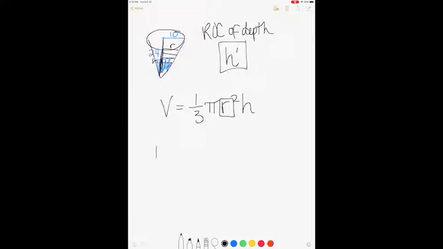So I know that there's a ratio of 10 to 24 at the top. That should be proportional to anywhere else on the cone that I take the radius and the height. So you could do 10 over 24 is equal to R over H, or you could do 10 over R is equal to 24 over H. Doesn't matter, it's still proportional. So when we cross multiply, and then we're going to divide, the question is, are we solving for R or are we solving for H?